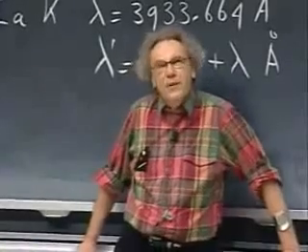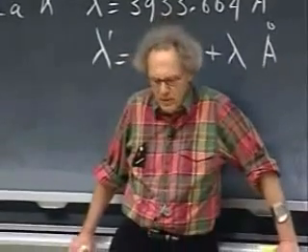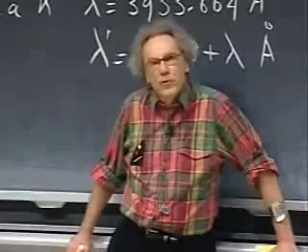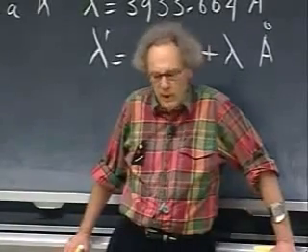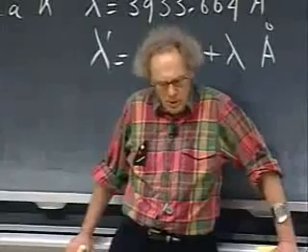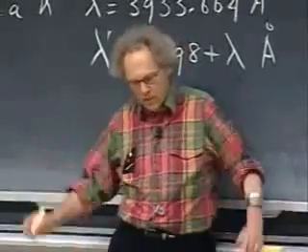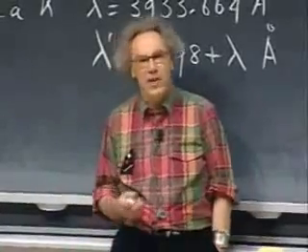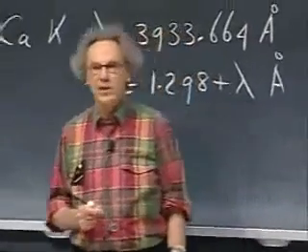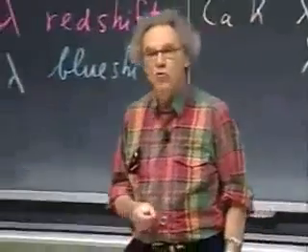But it was Slipher in the 1920s who observed the redshift of some nebulae which were believed at the time to be in our own galaxy, and he found that they had a very high velocity of up to 1,500 kilometers per second, and they were always moving away from us. And it was found shortly after that that these nebulae were not in our own galaxy, but that they were galaxies in their own right.